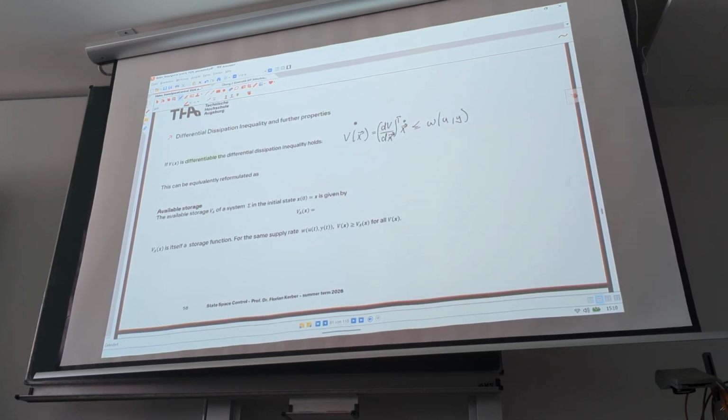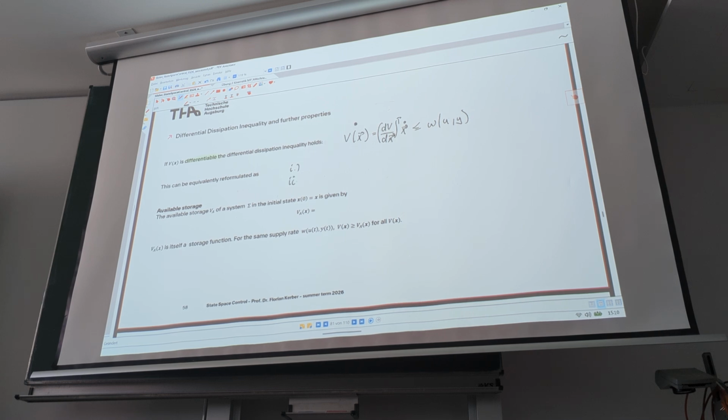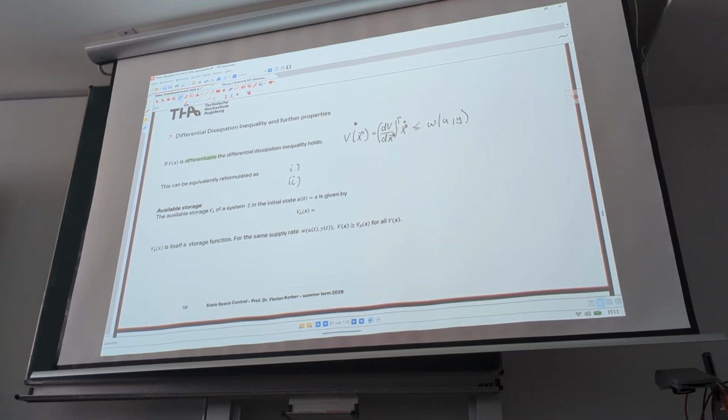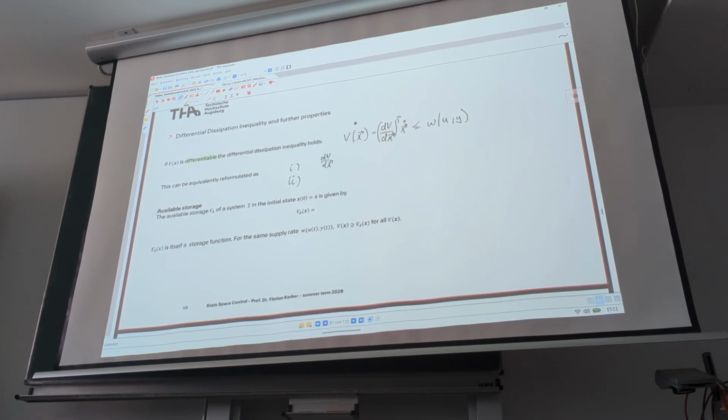So this would be in the nonlinear case, as we said, dV/dx transpose f of x less or equal to 0, and dV/dx transpose g of x equals h of x.